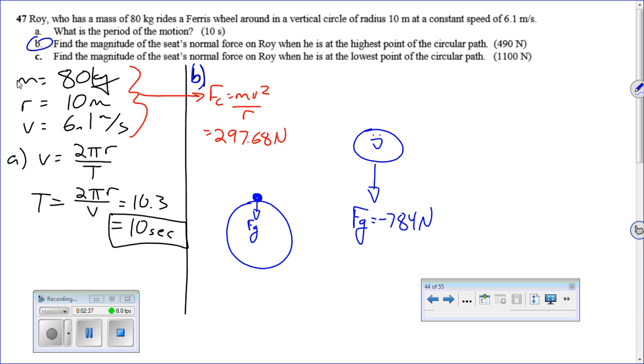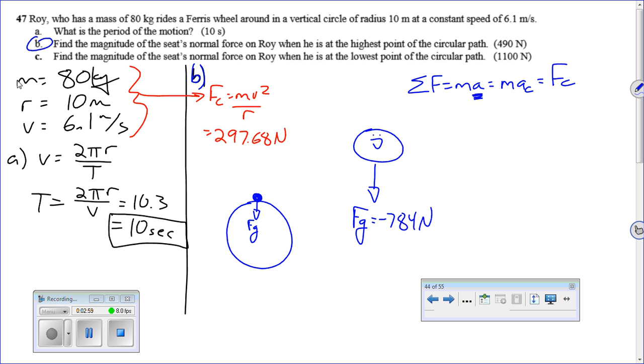The only thing that's changing is the direction. So all of the acceleration is centripetal acceleration. Newton's second law tells us that net force is mass times acceleration, right? But this acceleration, when we're talking about uniform circular motion, is all centripetal acceleration. And as a result, our net force is simply going to be our centripetal force.